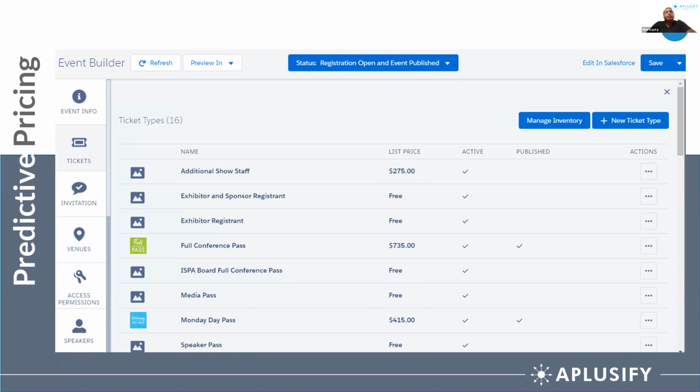All these things can only happen if you have the data between the two systems, so you can see what kind of members would be interested in what kind of pass, what kind of events, and accordingly you can analyze and give them different kinds of discounts or freebies, and you can set pricing depending on your members. And this can only happen if you have these two systems integrated, because all this data is actually coming from an event app into your AMS, and you can have a full view of what is happening in the two systems, who the speakers are, and even your members.